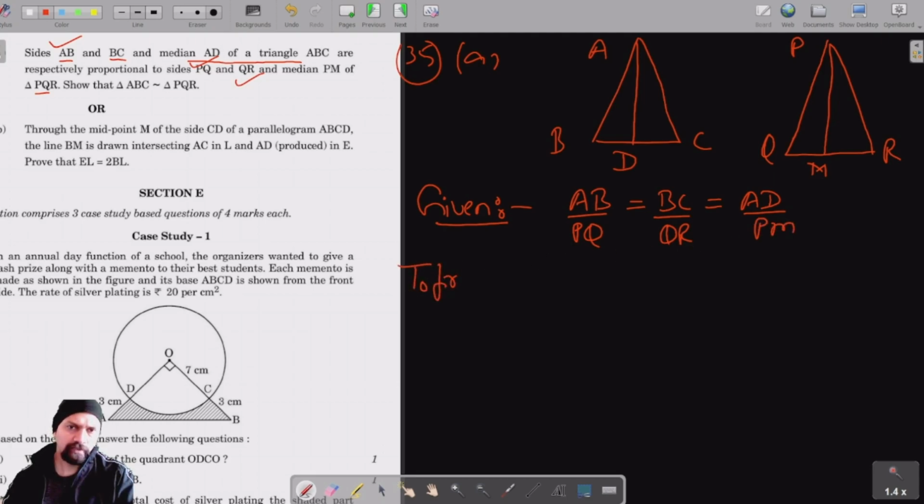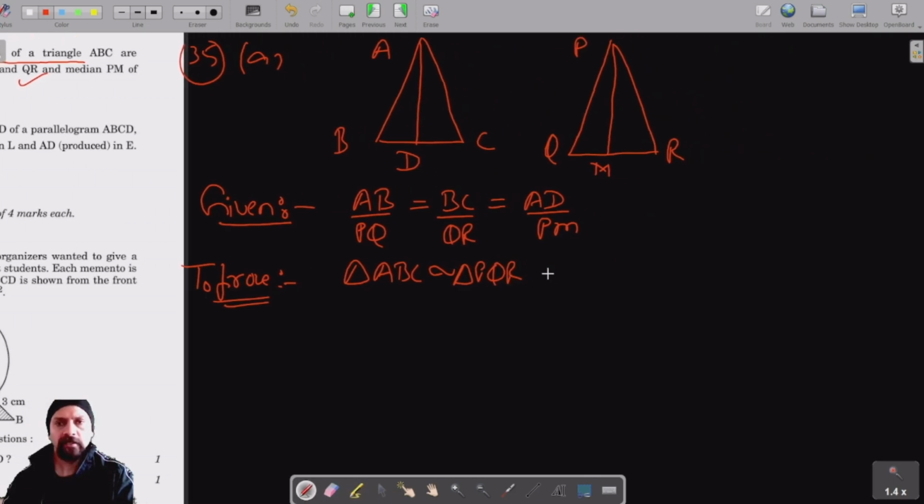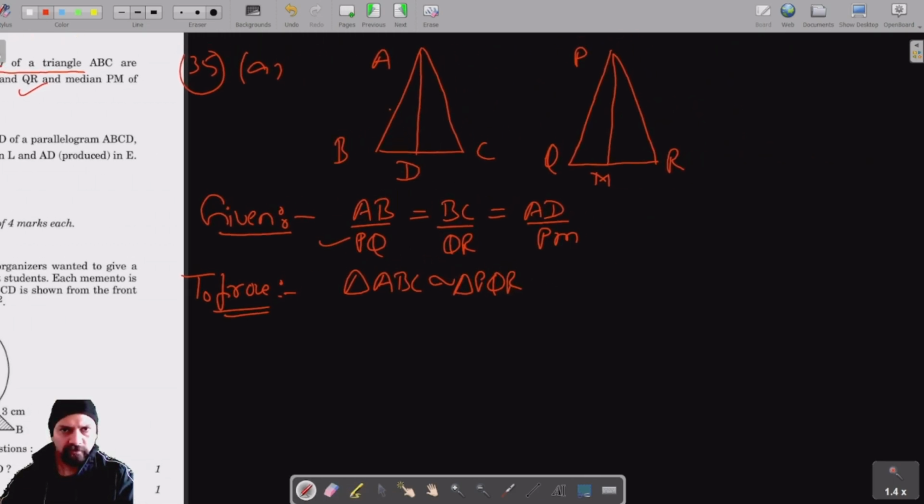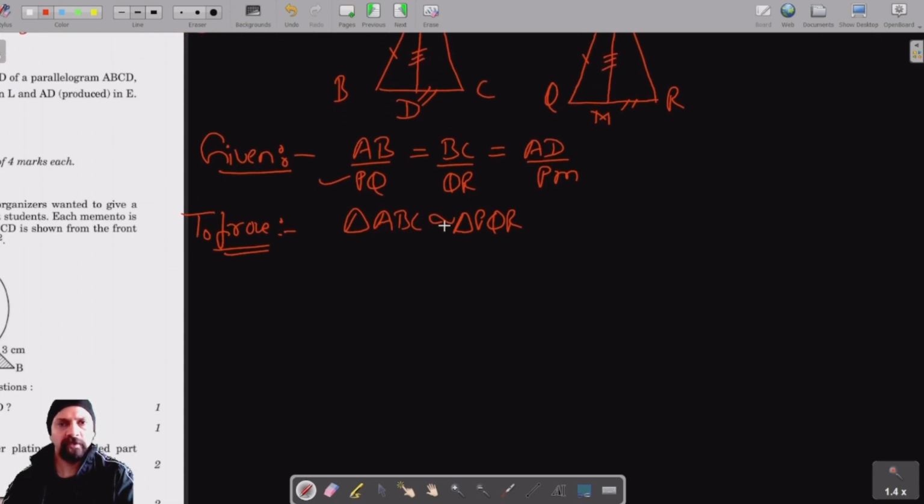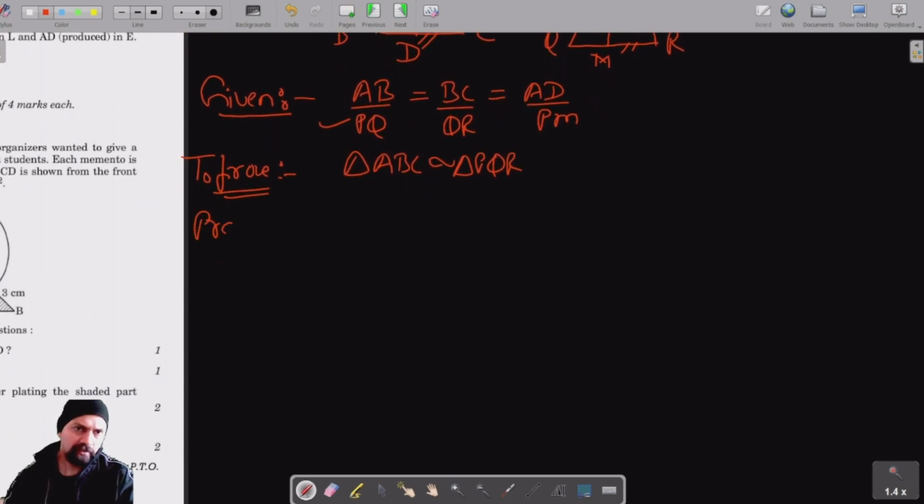Now we have to prove that triangle ABC is similar to triangle PQR. Now let's make use of what is given to us. So this is side AB in proportion with PQ, and BC is in proportion with QR, and AD is in proportion with PM. So let's write down what is given to us.